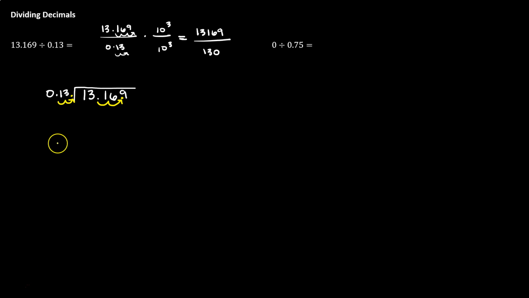So then, instead of doing the decimal division, we're really looking at 13 going into 1316.9. And then when we divide here, we preserve the value by keeping the decimal lined up and then doing this like regular whole number division.